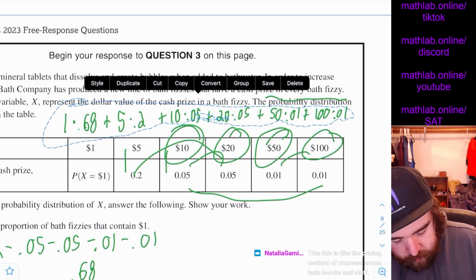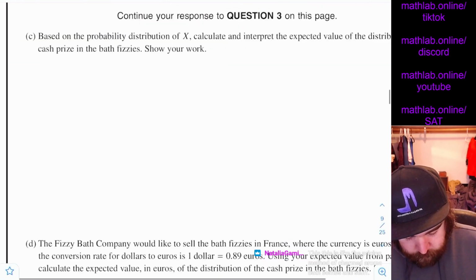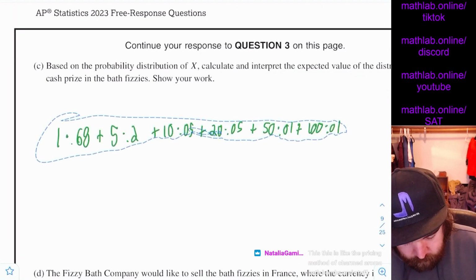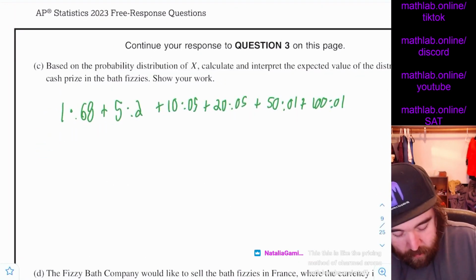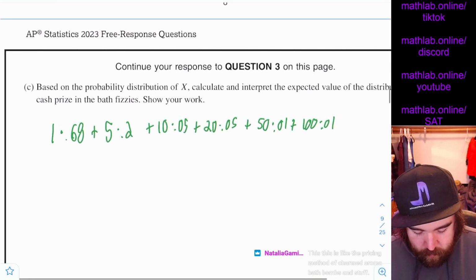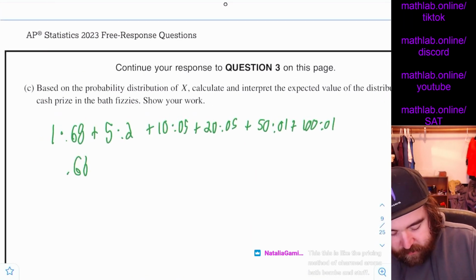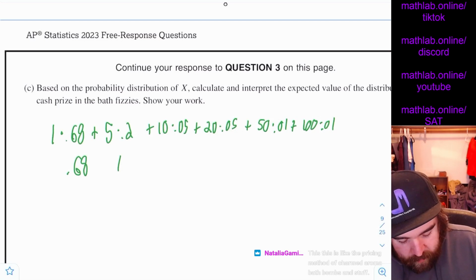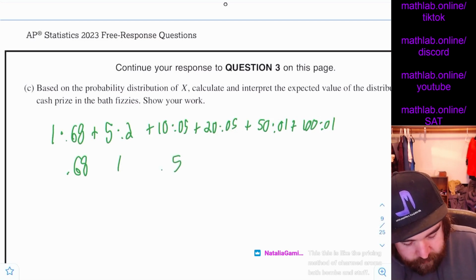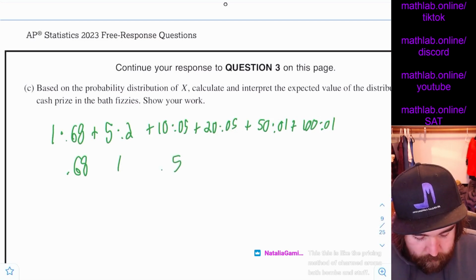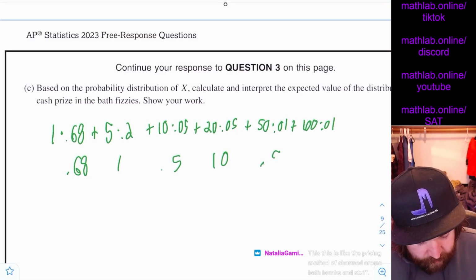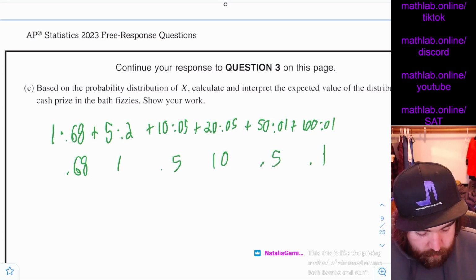Do we need a calculator to do this? Was it quicker with one? I don't know. So we got 0.68. We got 1. We got 0.5. We got 5 times 0.2, that's 1. We got 0.1 times 5, that's 0.5. And we got 1.